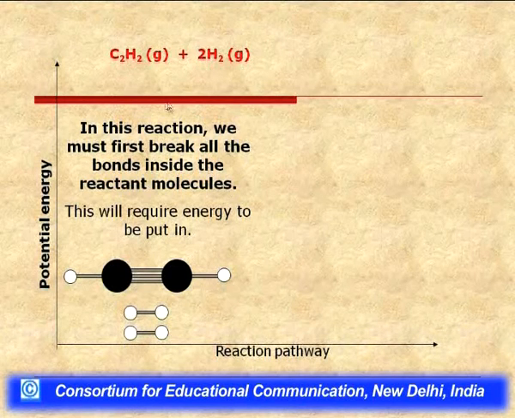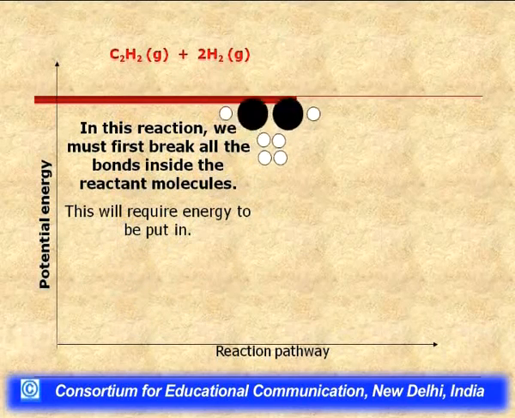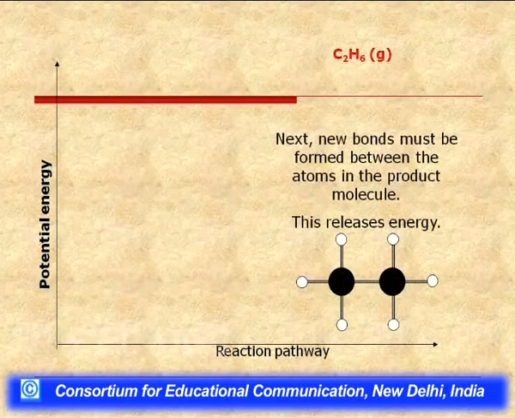So, if we consider this reaction in a way that first we break all the bonds in the reactant molecules to give gaseous atoms, then we need to break one carbon-carbon triple bond, which is this bond, then two carbon-hydrogen single bonds, and in addition two hydrogen-hydrogen single bonds. This will give us the carbon and hydrogen atoms which are required for the formation of ethane.